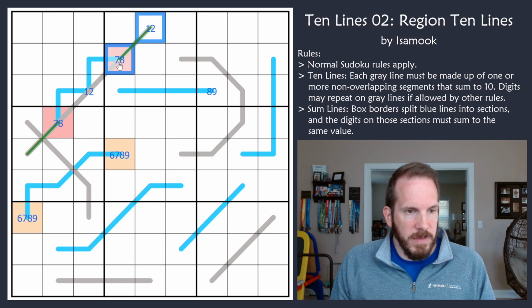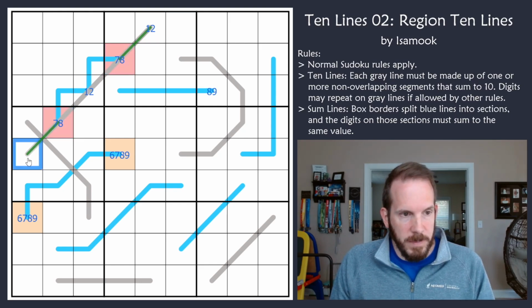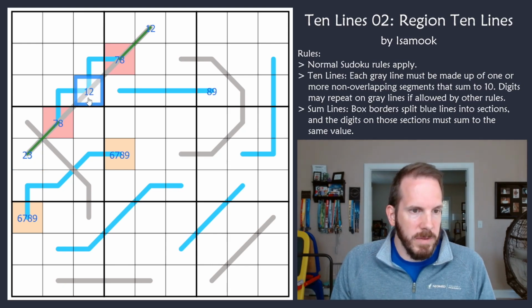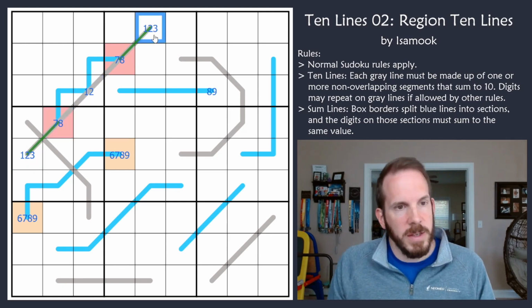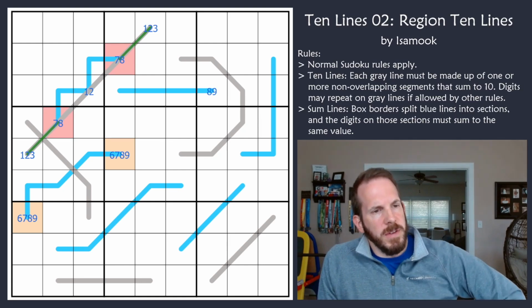And if that's the case, if this is 7, this is 7, and this would be a 3. If this is 8, 1, 1, this is 8, this would be a 2. Okay, and then if it's the other way, so this is always 1, 2. If we flip this and make this the 3-cell line, this could be 1 or 2. This could be a 3. Okay, so they're pretty low digits on here.